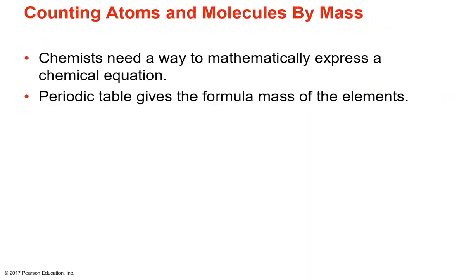Counting atoms and molecules by mass. We know that if we have a hydrogen atom, look at the periodic table, it has an atomic mass of 1. Which means if I have a mole of hydrogen atoms, what will the mass of that mole be? 1 what? 1 gram. If it's a mole, then it's 1 gram.